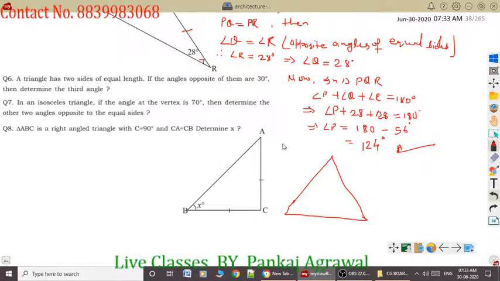If the angle at the vertex is 70 degrees, this is the vertex. Suppose this is 70 degrees. You can name the isosceles triangle PQR. Isosceles means two sides are equal. Two sides are equal, PQ and PR are equal. Vertex angle 70 degrees. Then determine the other two angles opposite to the equal sides. So two equal angles you have to find.